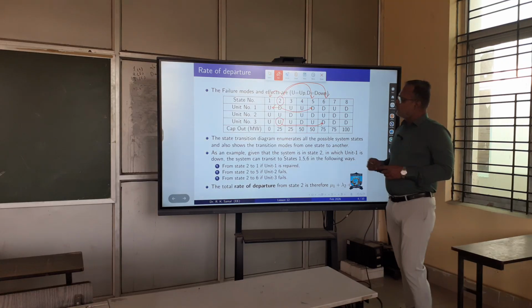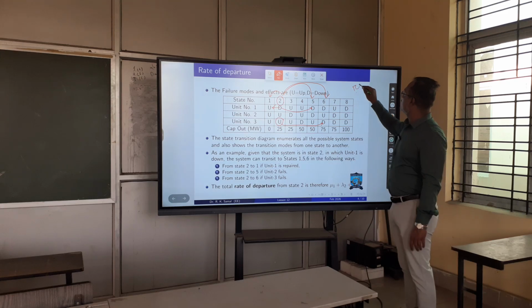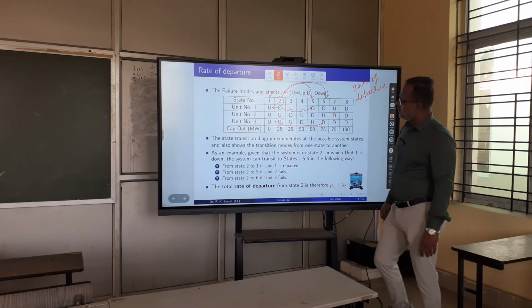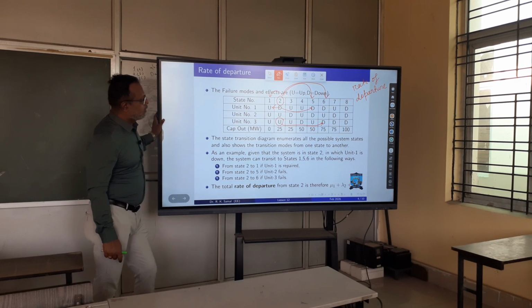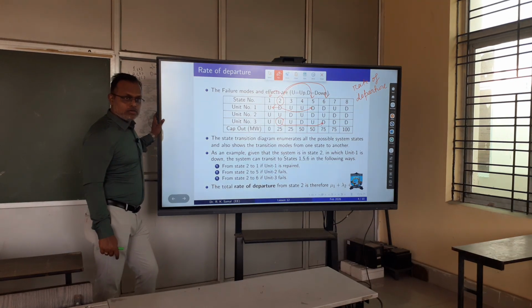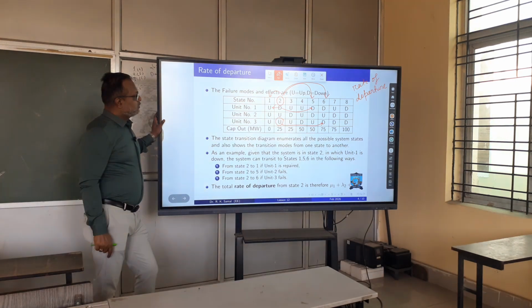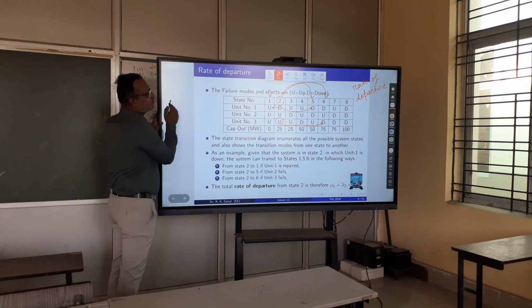Okay. So in this case, what will be the rate of departure? For 2 to 1, what is the failure rate for unit 2? For those who have drawn in the last class, you might have written the arrow.